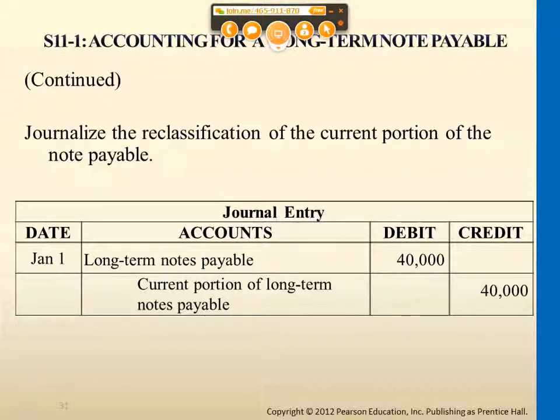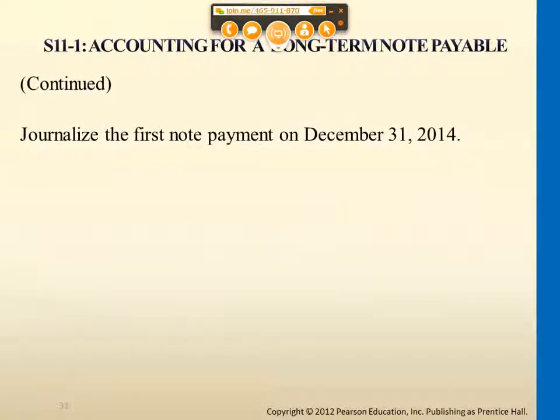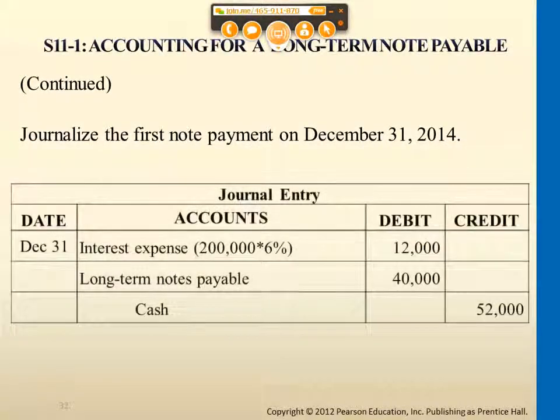So meaning that, is this a note that carries on to the following accounting period? Usually that's the one that's signed somewhere in the middle of the year. Okay, so what happens at the end is that we are paying off part of the principal, $40,000, and at the same time we're also paying off the interest, $12,000.